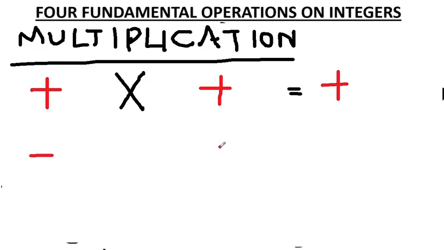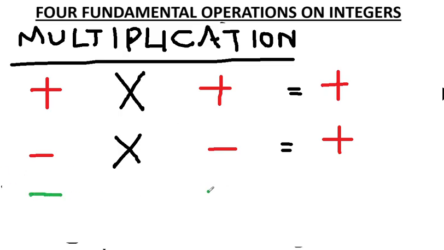When we have two negative numbers and we try to multiply them, we get a positive answer. So what does it mean? It means that when we have the same sign and we are multiplying them, we are getting a positive answer, right?